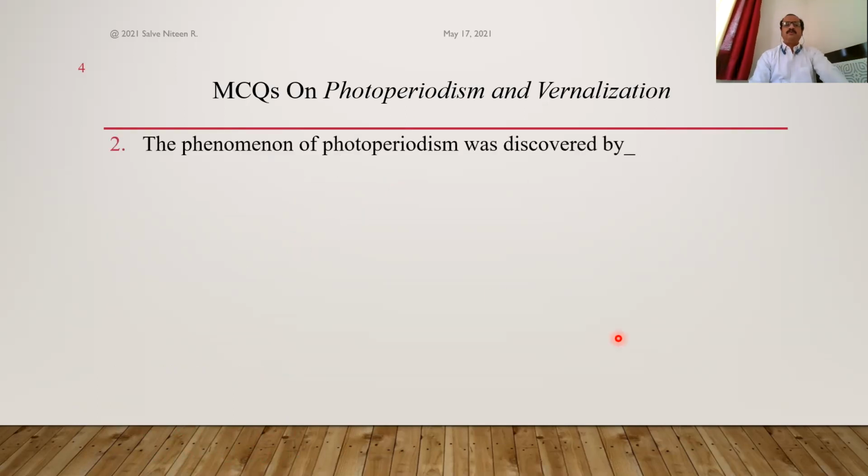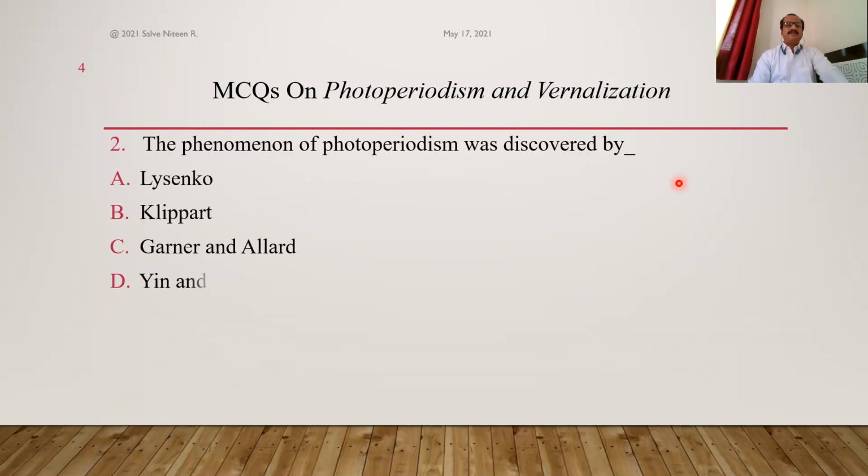The phenomenon of photoperiodism was discovered by, so names of scientists are given, and you are more familiar with these two scientists, Garner and Allard. In 1920, they discovered the importance of photoperiodism in terms of flowering in the Biloxi variety of soybean and the mutant variety of tobacco called Maryland mammoth.